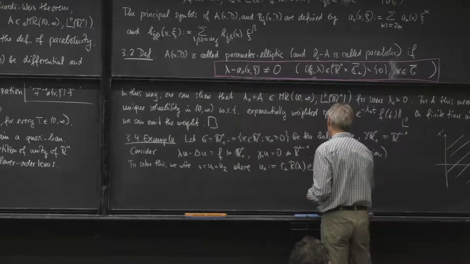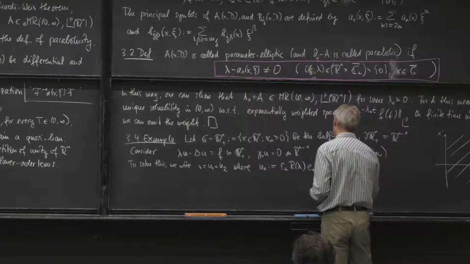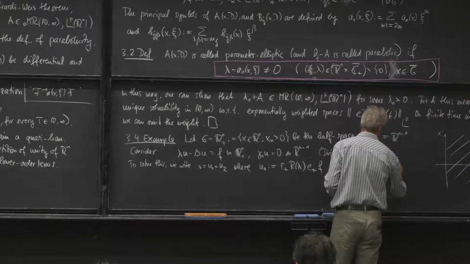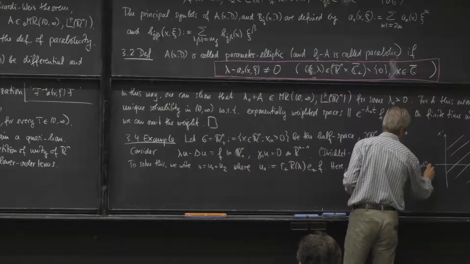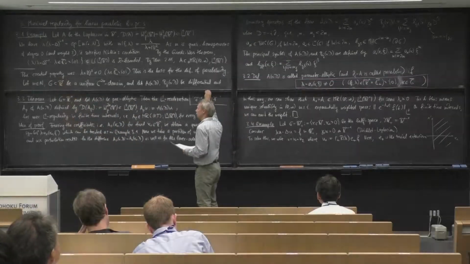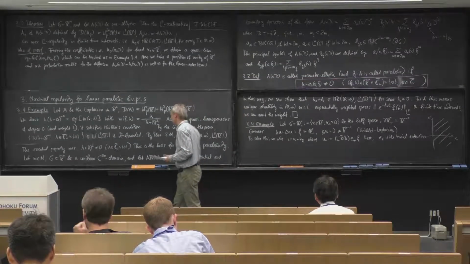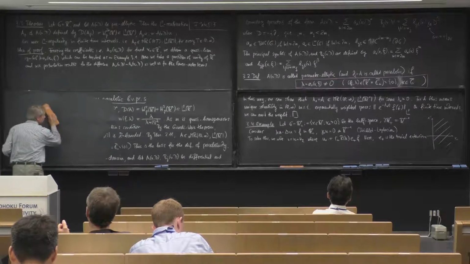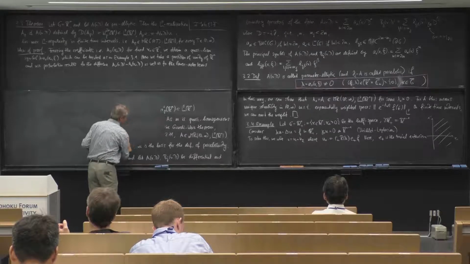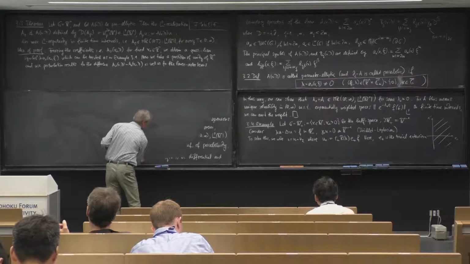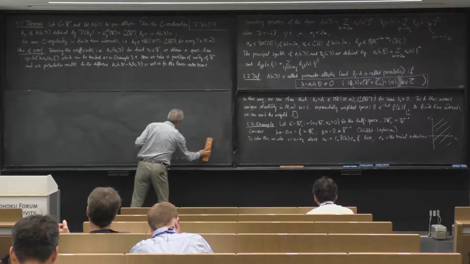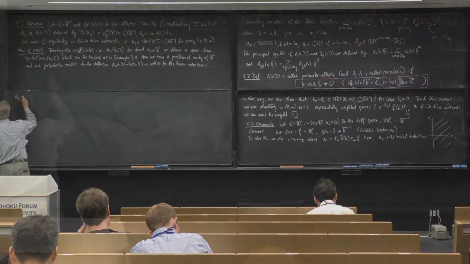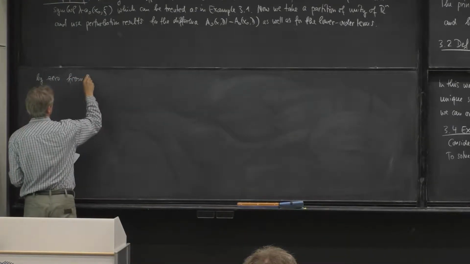Okay, so here. So first of all, E plus is the trivial extension by 0 from the half space Rn plus to Rn.